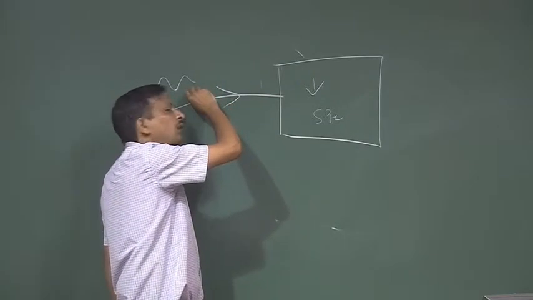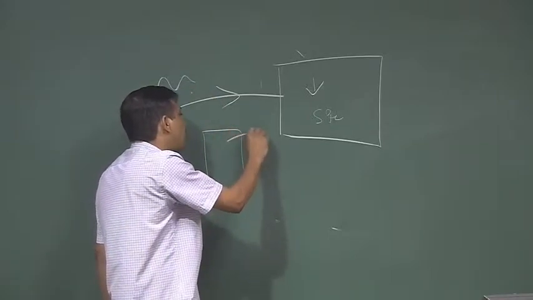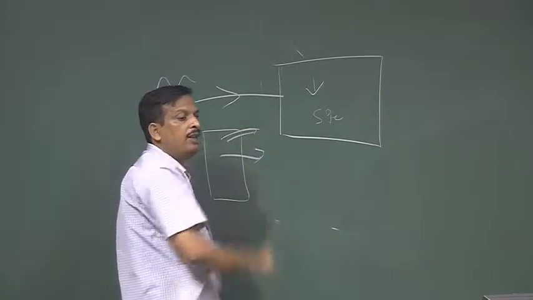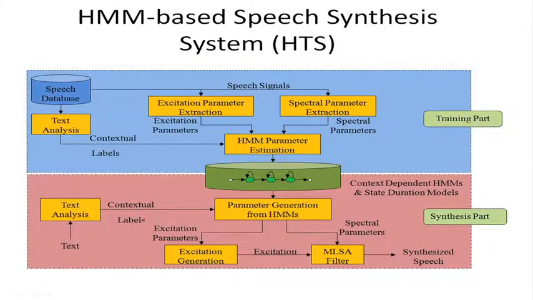So, from a large speech database, we have separated the excitation parameters and also the spectral parameters. Based on these two parameters, we developed the HMM parameter estimation technique. Now, once the input text comes, text analysis is done, contextual labeling is done, then depending on that text we estimate the parameters: which segmental parameter is the best match for that input text and which excitation parameter has the best match with the input text.